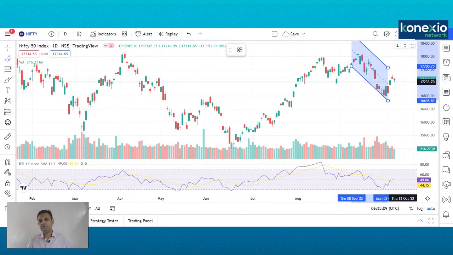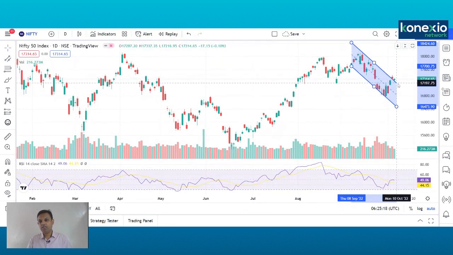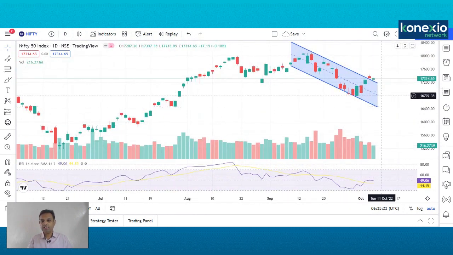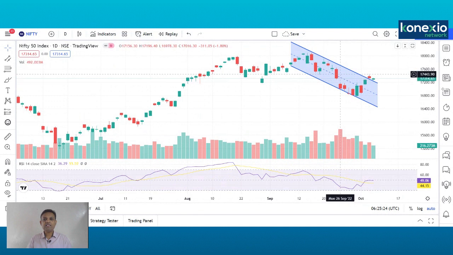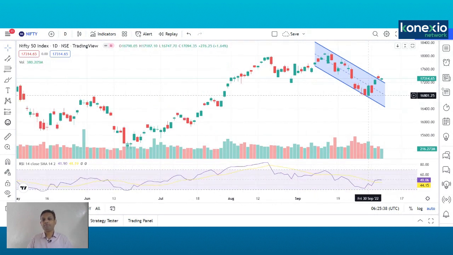This parallel channel has been moving in the last couple of days, and we have seen that prices had managed to just close above that particular range. You can clearly see it has broken that outer resistance trend line. It has just managed to close above that trend line. Now this indicates that some sort of positive trend has emerged from the lower levels.